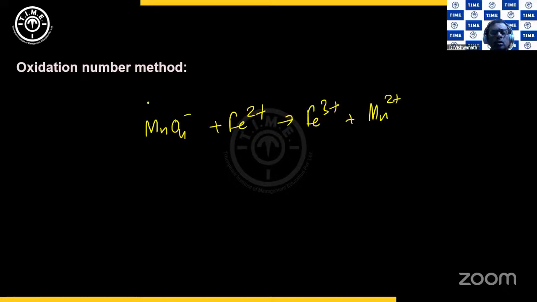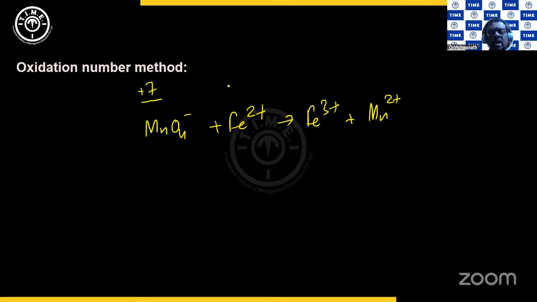Next, in the oxidation number method, all the things are the same. The only thing is each half reaction. Let us say, I'll put a real example here: MnO4 minus plus Fe2 plus turns into Fe3 plus and then Mn2 plus. What we need to do is put the oxidation numbers above the species which are undergoing oxidation and reduction. So here Mn is in +7 oxidation state.